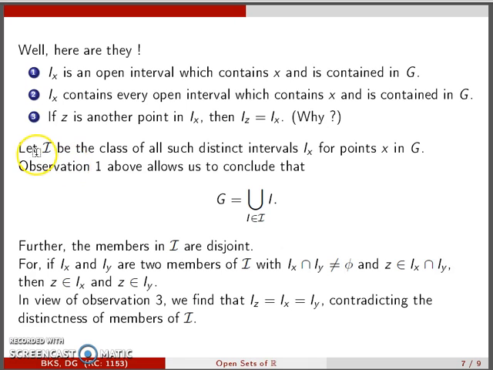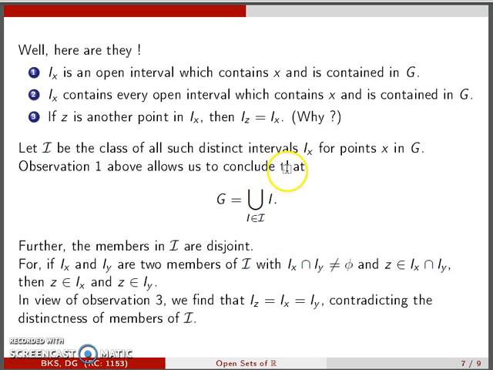So now, let script I be the class of all such distinct intervals Ix for points x in G. So collect all such distinct intervals Ix for points x. For each x, we just collect one Ix. And then you'll have all sorts of Ix, but obviously some of these Ix are the same, so we need only the distinct ones.